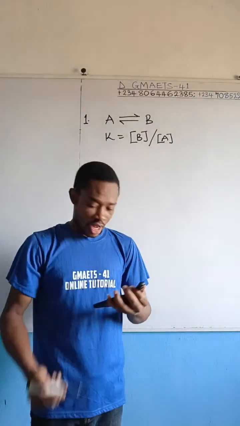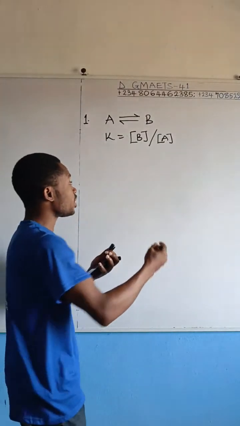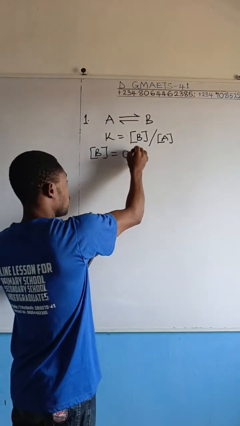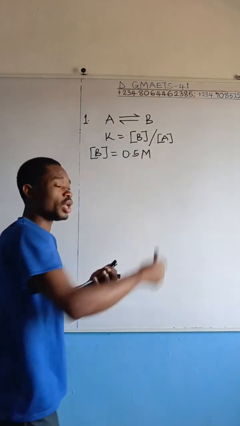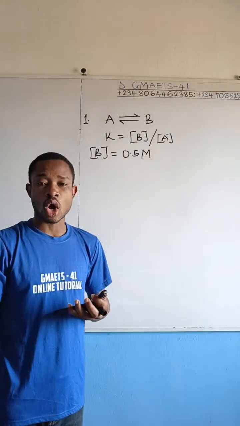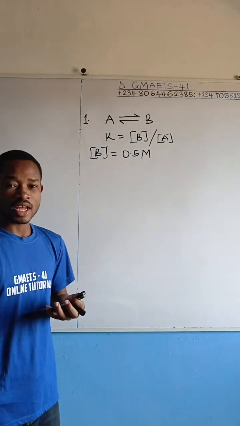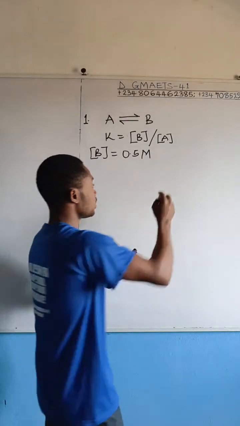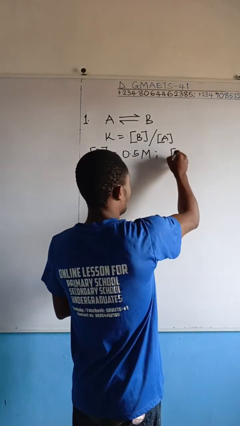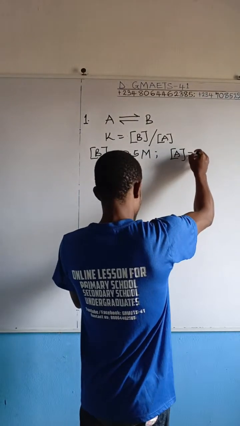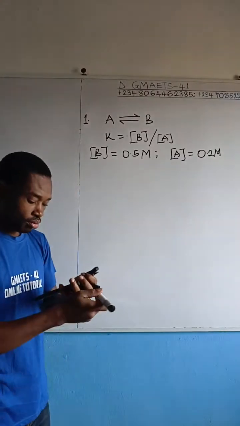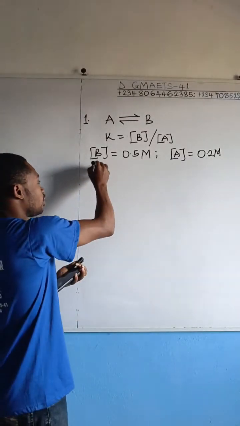We are given that, and the question went further to say that concentration of B is equal to 0.5 molar. This molar means moles per dm cube or mole per liter. That's the unit of concentration. Then the concentration of A was given as 0.2 molar. What is the value of K?